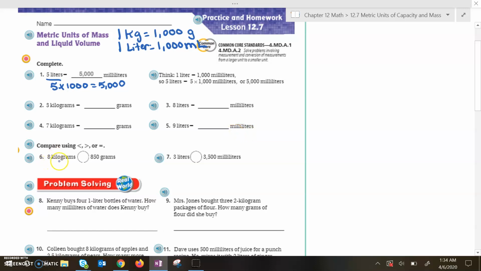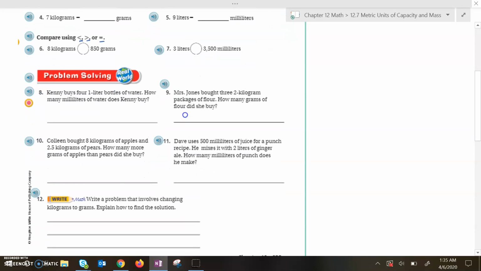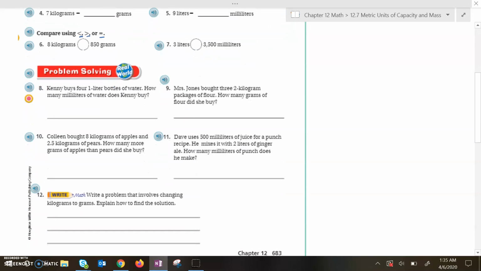Number 6 and number 7, we're going to be comparing using less than, greater than, or equal to. 8 kilograms equals 850 grams. 7, 3 liters equals 3,500 milliliters. Number 8, Kenny buys 4 1-liter bottles of water. How many milliliters of water does Kenny buy? Remember, he has 4 1-liter bottles.